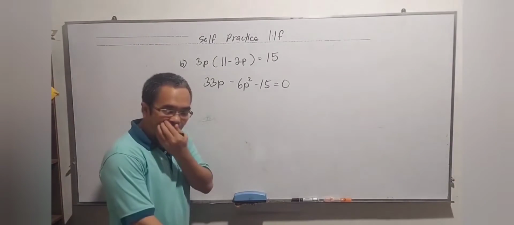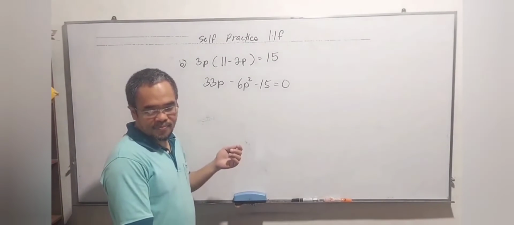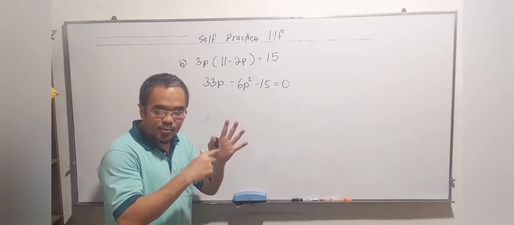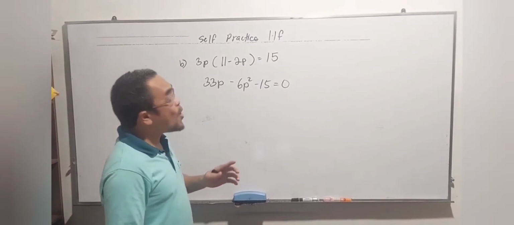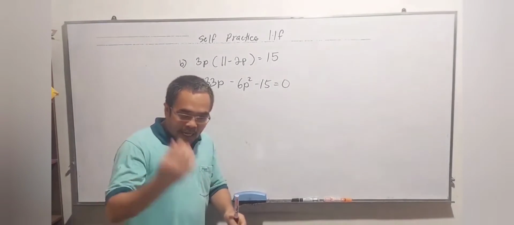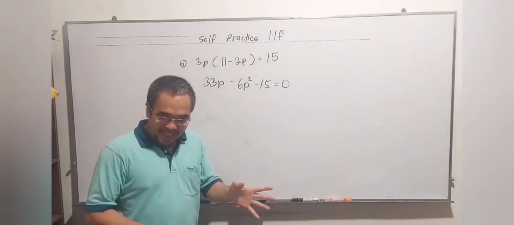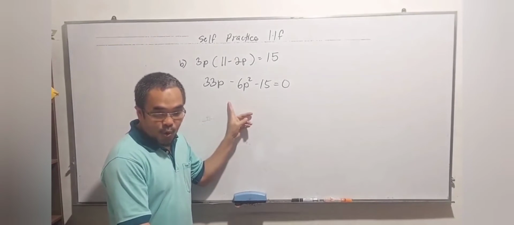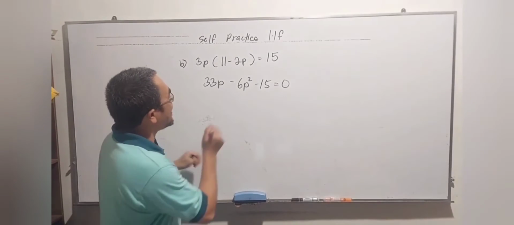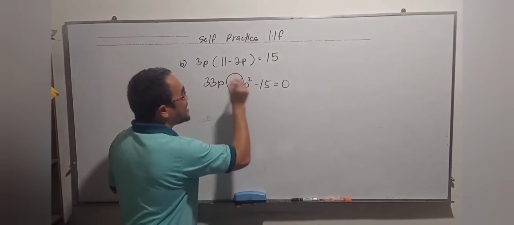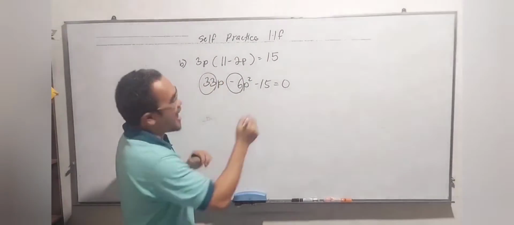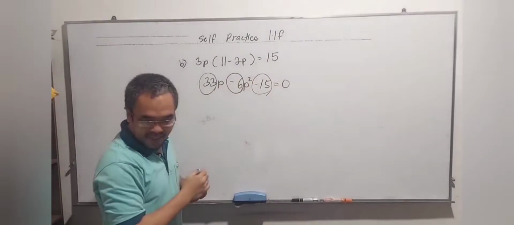Okay, so what is A? 0.77. No. A, B, C. That you... 33. Oh, no. How do you know A, B, C is not depending on the arrangement here? No. So A will be -6, B will be 33, and C will be -15.